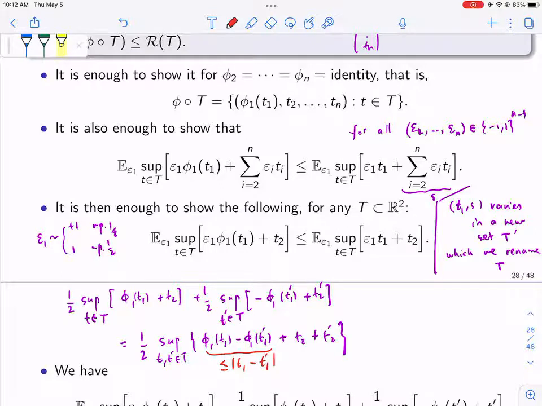But the trick is that I can drop the absolute value and say T1 minus T prime 1 plus T2 plus T prime 2. Why can I drop the absolute value? Because we're taking the supremum over both, so effectively we're considering both signs. The largest one would be the absolute value. So I can do this.